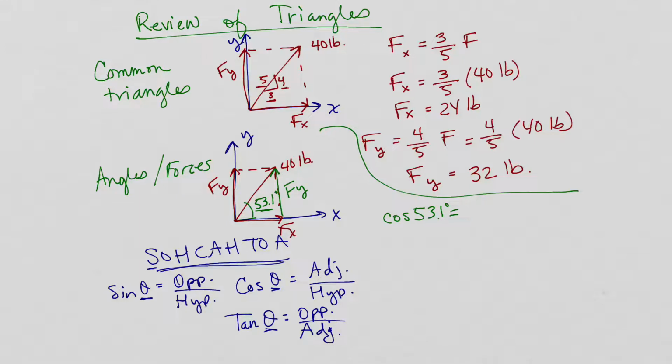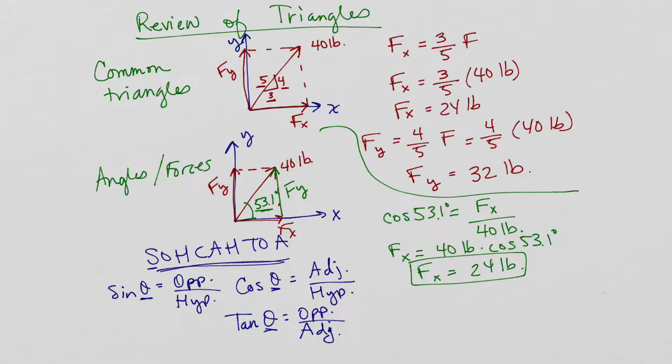So adjacent would be that F of x over the hypotenuse, which would be that 40-pound force. So F of x equals 40 pounds times cosine of 53.1 degrees. And that should come out the same as the other one. So 53.1 cosine times 40, we get F of x equals 24 pounds.